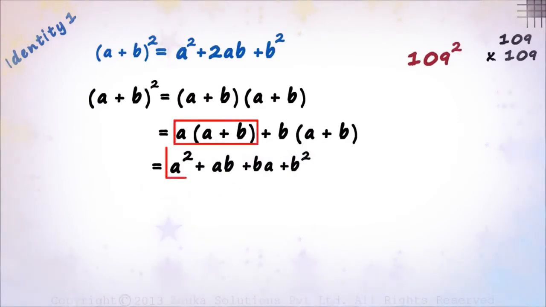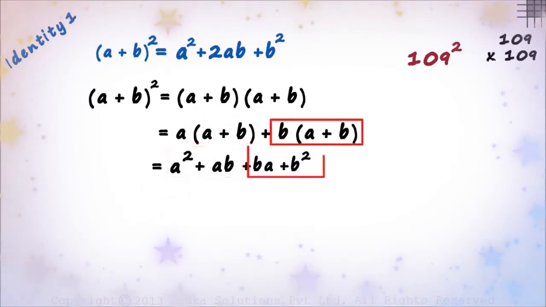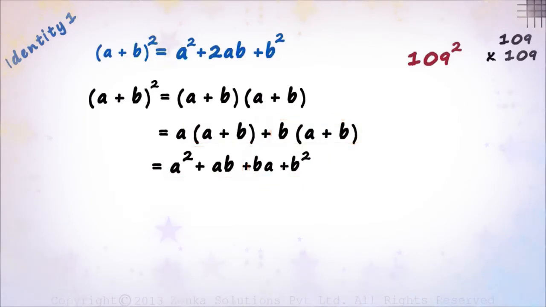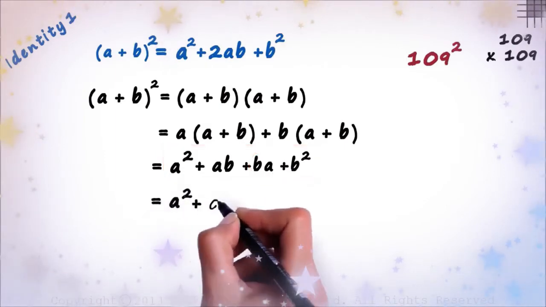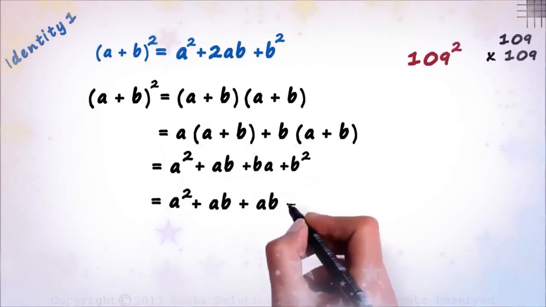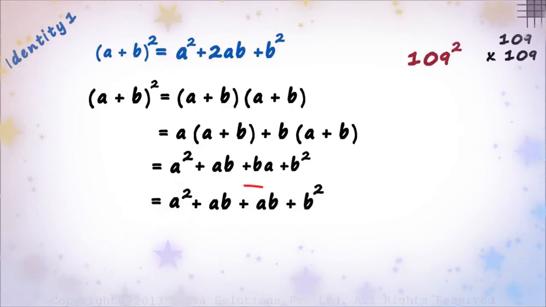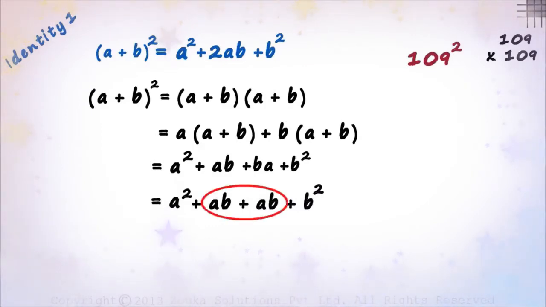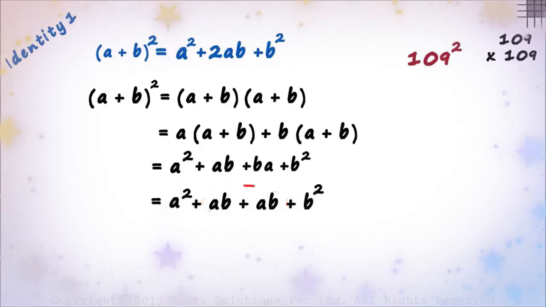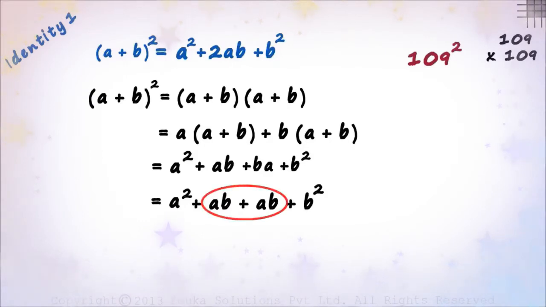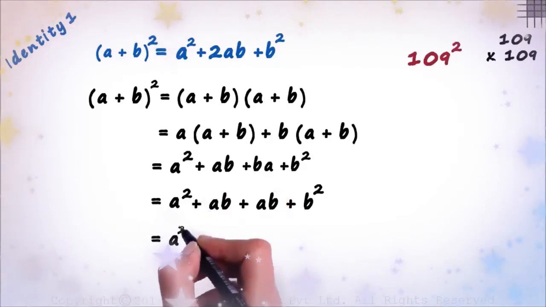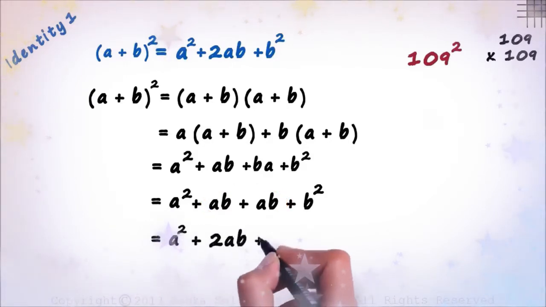We can write ba as ab. We write this expression as a squared plus ab plus ab plus b squared. These two terms are like, and because they are like, we can add them. So we get the answer as a squared plus 2ab plus b squared.